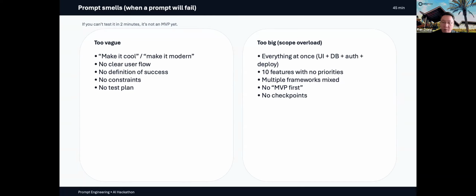Otherwise the project will be too large, such that sometimes you are missing a lot of the details, or it's going to hallucinate or generate something you don't expect. So this is something you have to be careful about when you write down all the prompts, the instructions to the Codex.